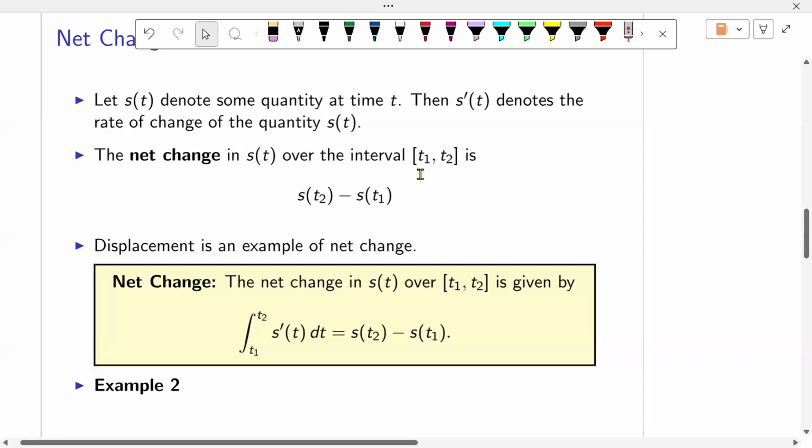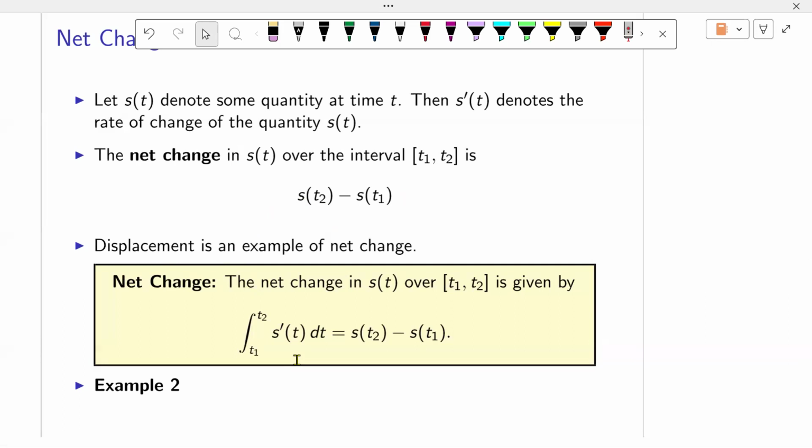If you want to know the net change over an interval from t1 to t2, you just do S of t2 minus S of t1. But sometimes we're not given the function S. And if that's the case, the net change can also be computed by integrating S prime of t, which is like the velocity. We integrate S prime of t from t1 to t2.